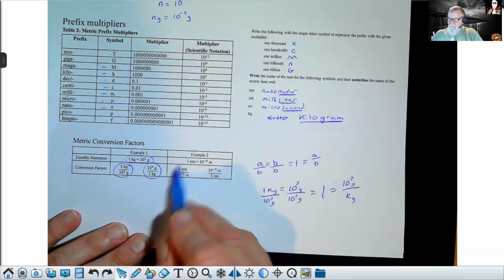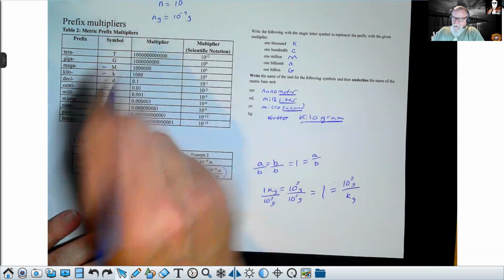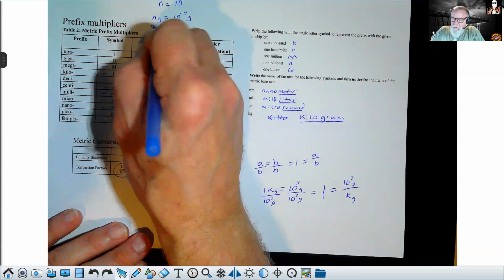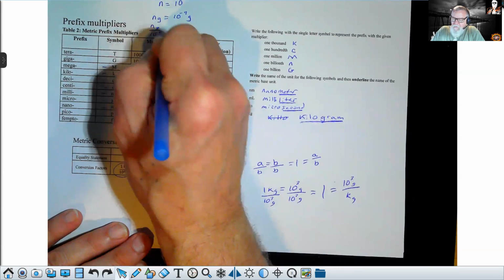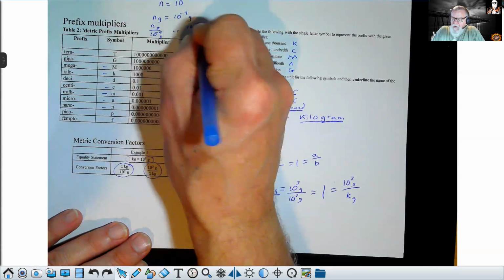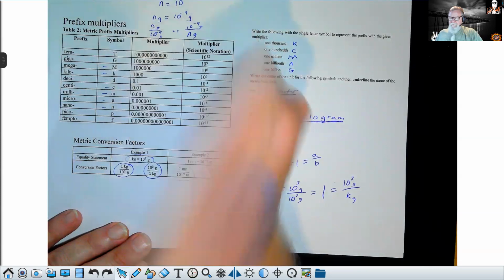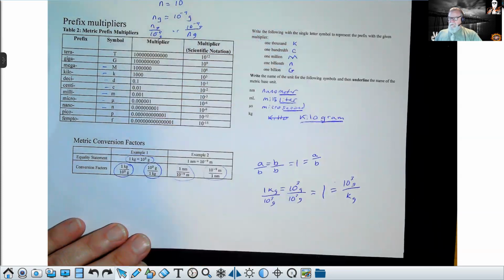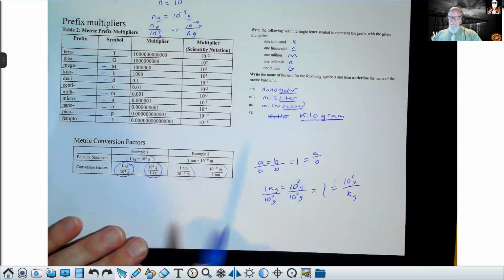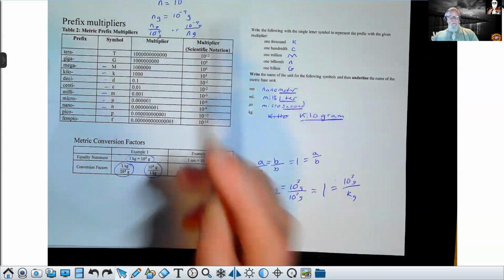So those are our conversion factors here and here, right? And for this example up here, we would have nanogram over 10 to the negative 9 grams, or 10 to the negative 9 grams over nanogram. Okay.